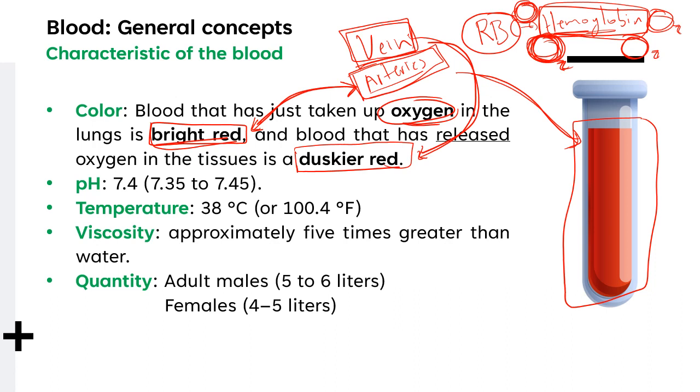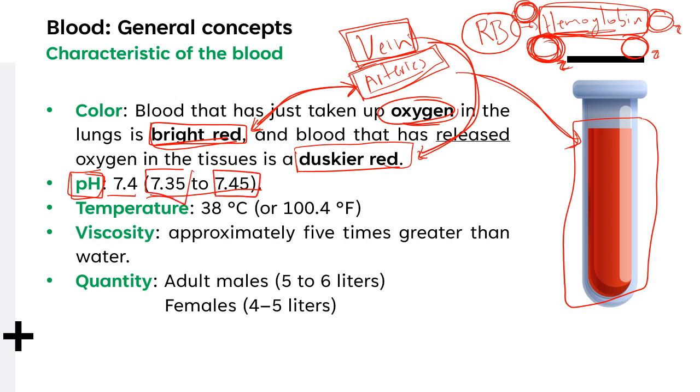Other components of the blood is the pH. Remember that the pH is a scale that measures how acidic the blood is. You should memorize this because it's important, especially for your lecture. The pH of the blood is between 7.35 and 7.45.